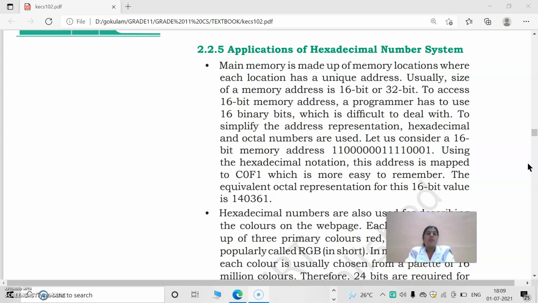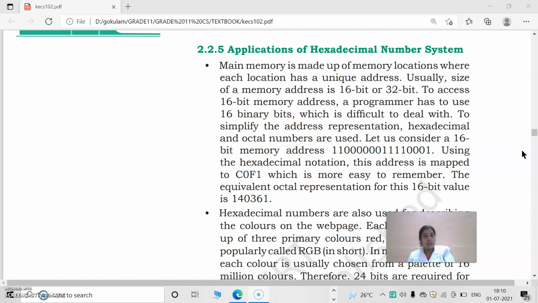So we convert every 4 bits to its corresponding hexadecimal digit. Then only 4 digits are needed to represent our memory address, so it is easy to remember.